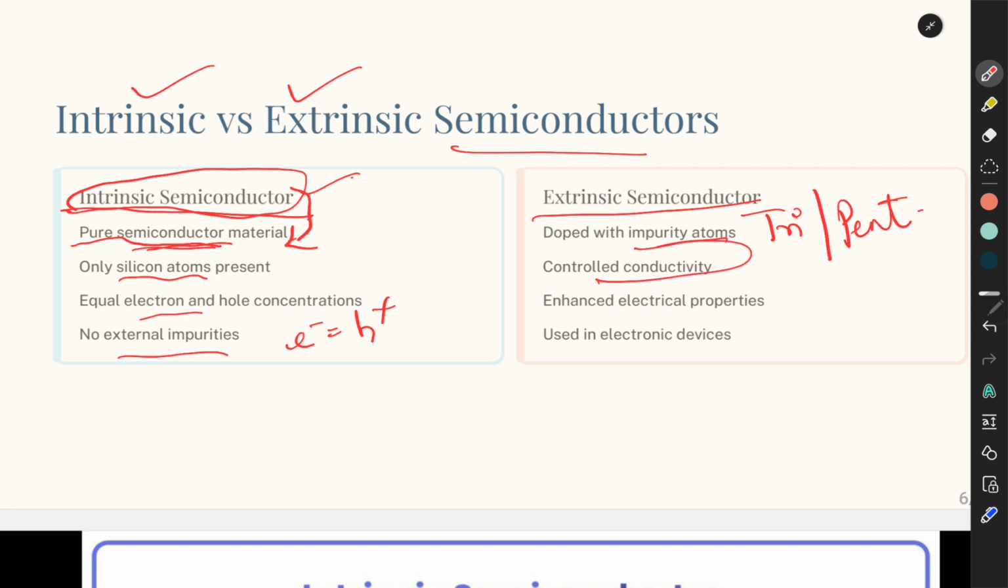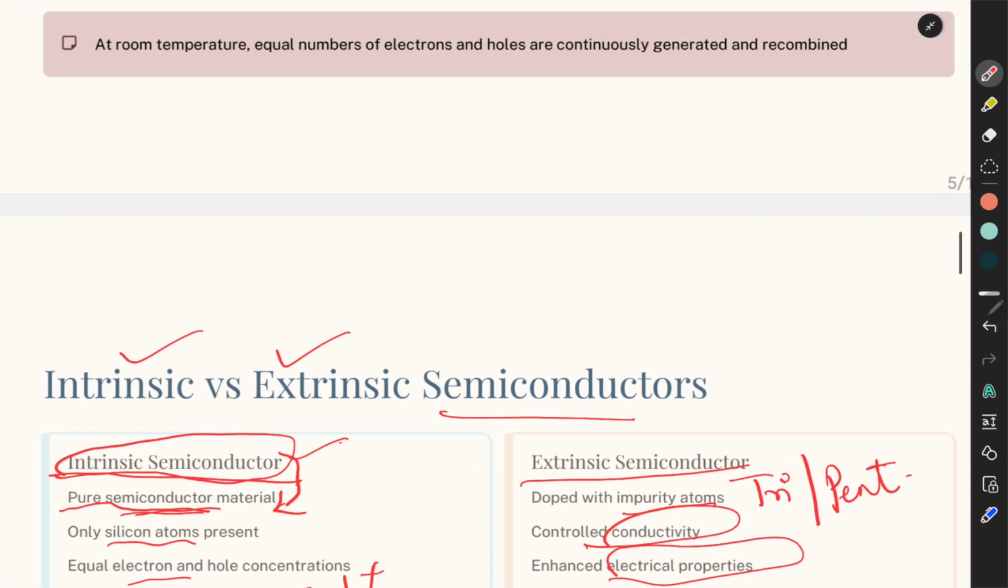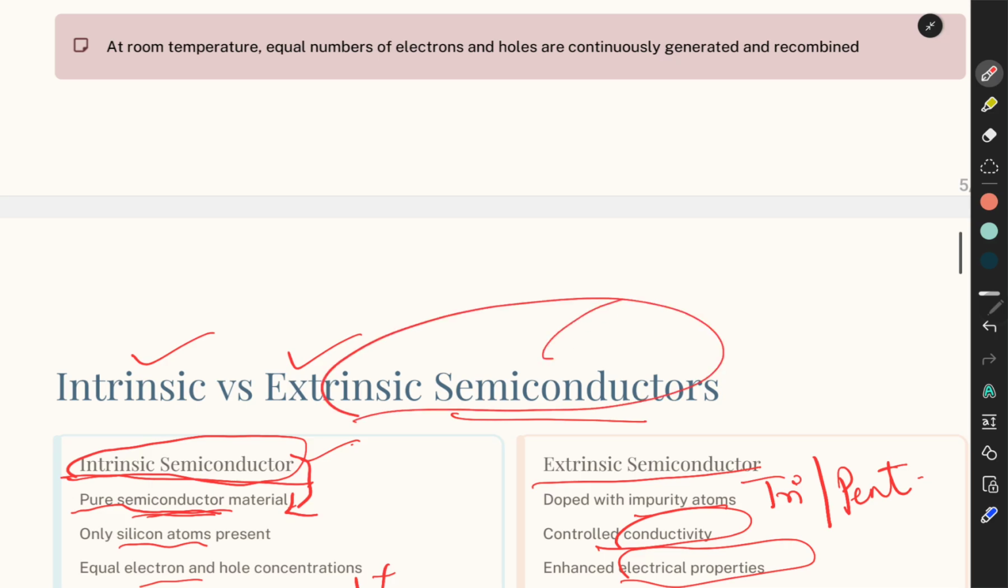Why are we adding impurity? To control the conductivity and enhance the electrical properties, so that we can use them in electronic devices, right? The extrinsic semiconductors are of two types, P type and N type. When is it called P type?